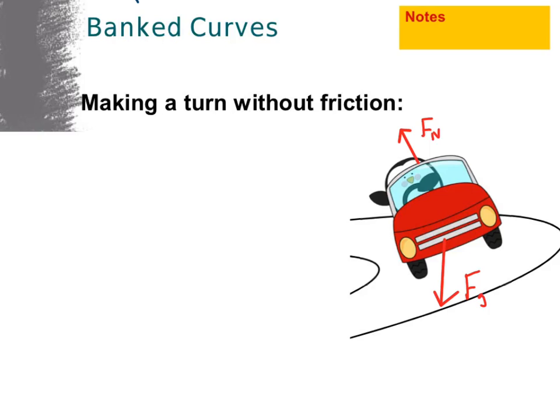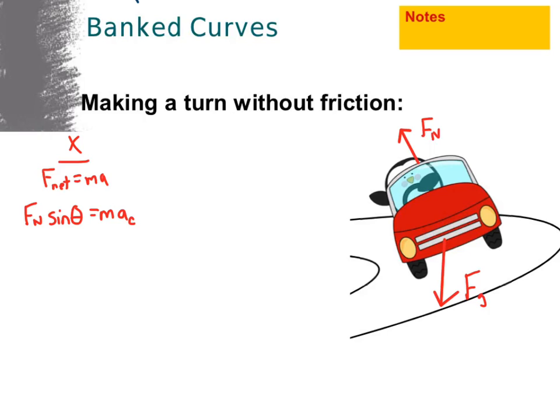So in my x direction, I have F net equals ma. And remember, when we split this into its horizontal component, it was Fn times cosine. Oh, I'm sorry, that one is equal to sine of theta. Fn sine of theta. And that's equal to mass times the centripetal acceleration.